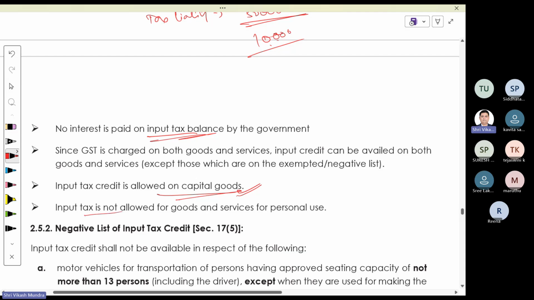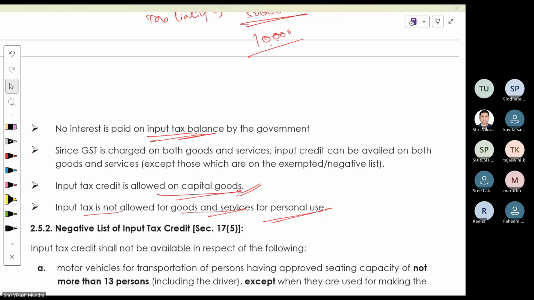In any circumstances, ITC would not be available on goods or services used for personal use. In that situation, you are the ultimate consumer. The concept of indirect tax is that the ultimate burden of indirect tax should be borne by the ultimate consumer. You cannot pass on, you cannot take the credit if you are buying the goods or services for your personal use. Done?